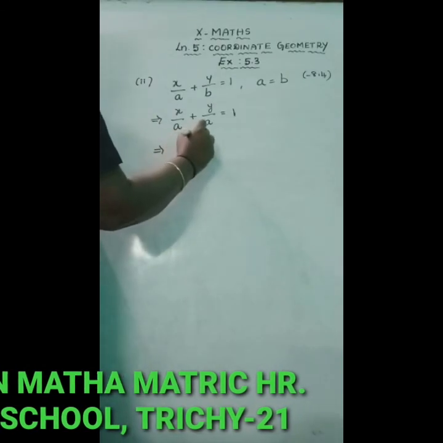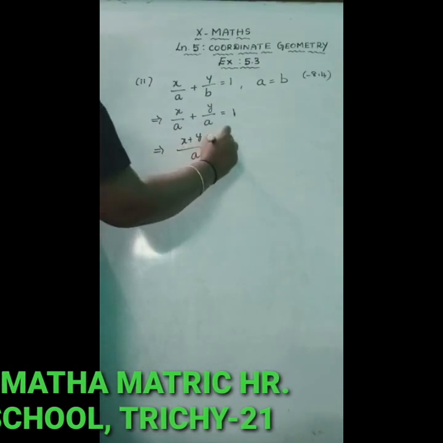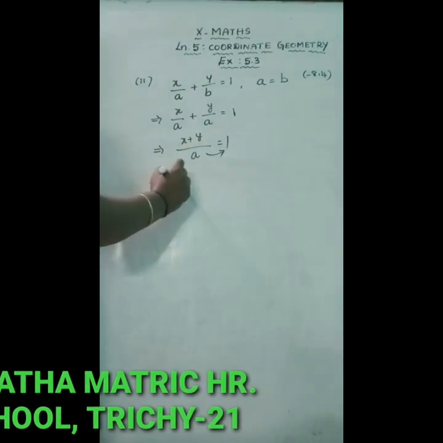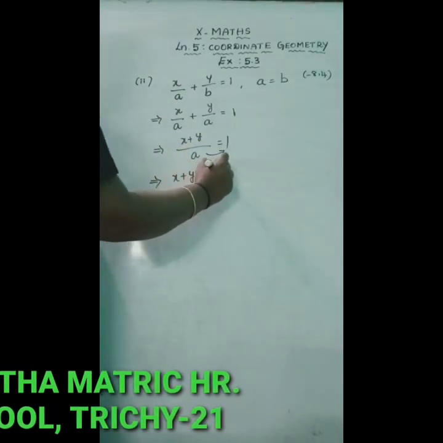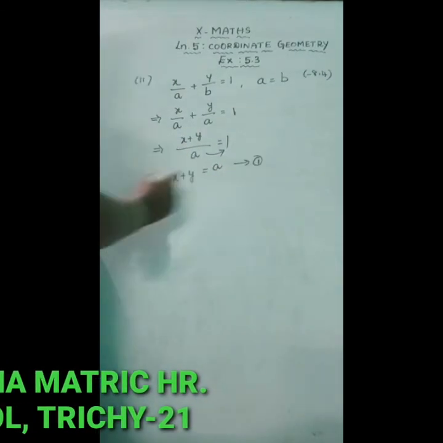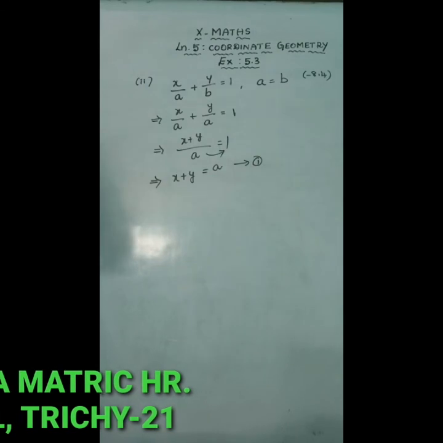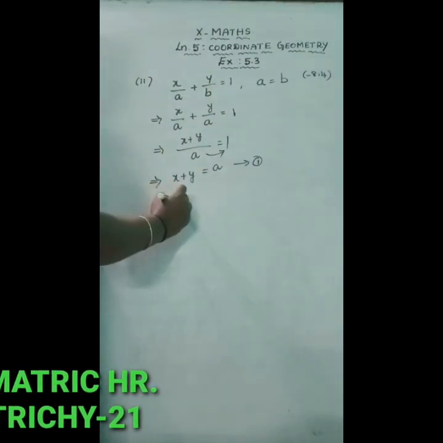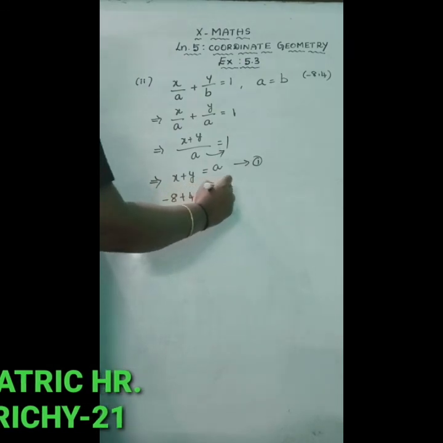Here, taking the LCM, x plus y divided by a, so x plus y equal to a. Then 1 multiplied into a, we have x plus y is equal to a. This is equation number 1. So this line is passing through (minus 8, 4). So substitute the values of x and y here: minus 8 plus 4 is equal to a.